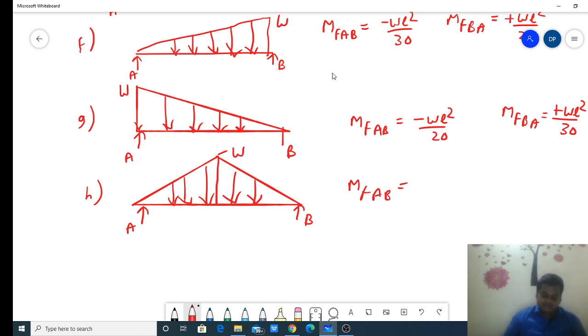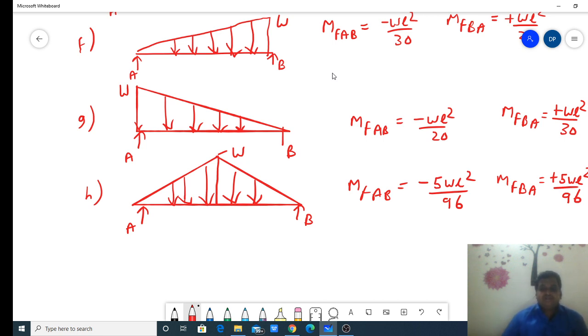Whenever there is a triangular load with height exactly at the center, my MFAB will be minus 5 WL squared upon 96, and MFBA will be plus 5 WL squared upon 96, right? So this will be the concept.